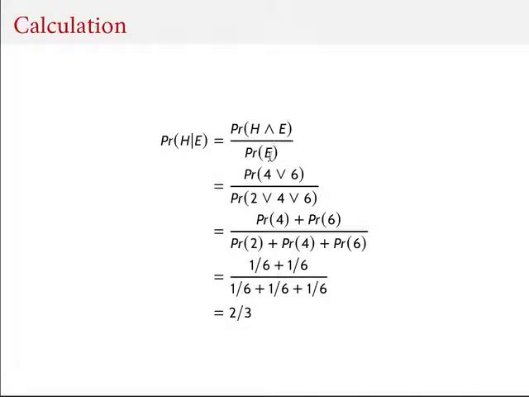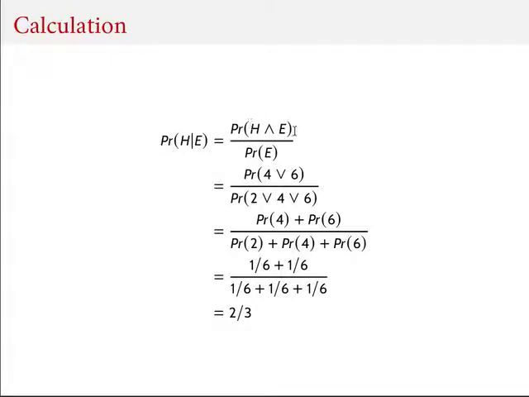And now the probability of the die landing even is the same as the probability of it landing on a 2, on a 4, or on a 6. These are the 3 ways that the die can land even.